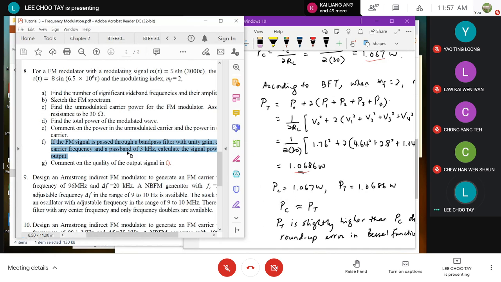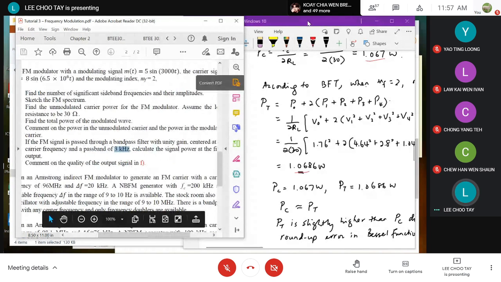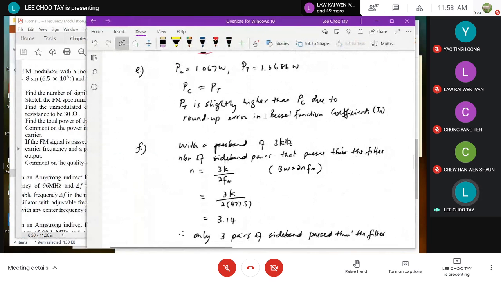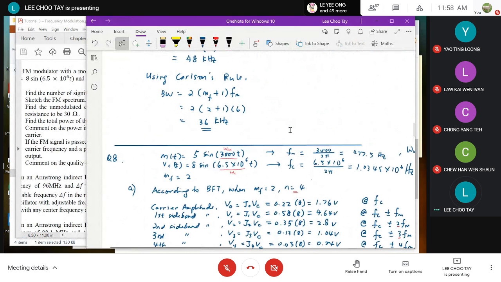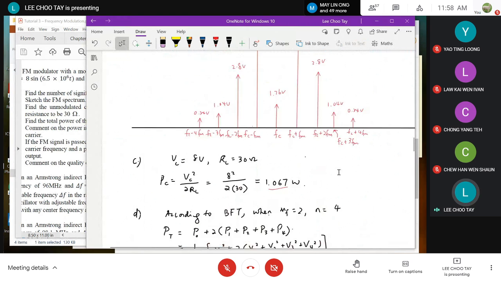Now, how to find out how many pairs of sideband actually pass through the filter? We make use of our passband here, which is 3 kilohertz. This is where the value for our baseband frequency comes into use. You can find this diagrammatically from your frequency spectrum, or you can work it out yourself. If you make use of the spectrum here, your fm is 477.5 hertz.